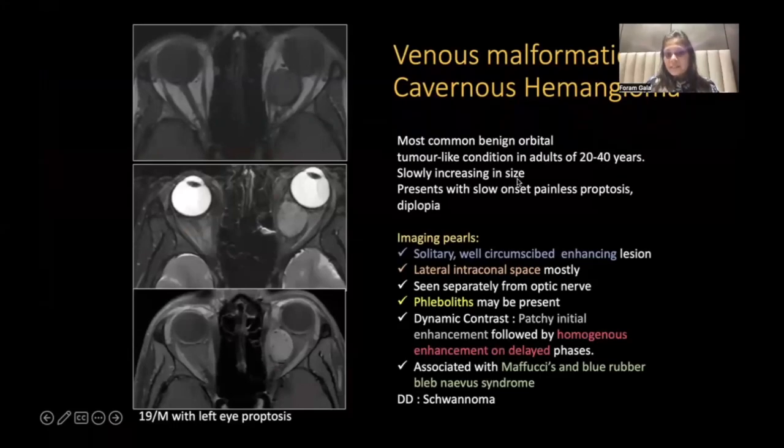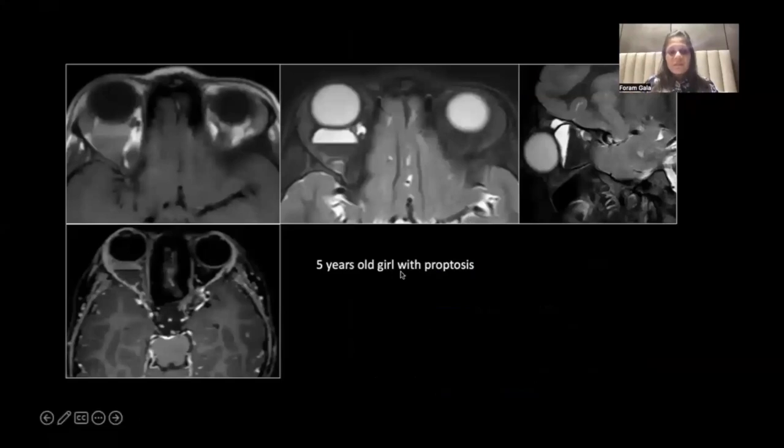It will slowly increase in size, and the presentation will be mainly proptosis and diplopia. Phleboliths may be present, and on dynamic imaging, initially there will be patchy enhancement followed by homogeneous enhancement on delayed phase. It can be associated with Maffucci or blue rubber bleb nevus syndrome, and the differential diagnosis for this is schwannoma.